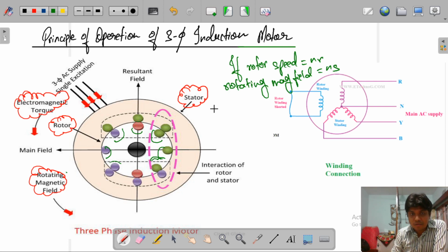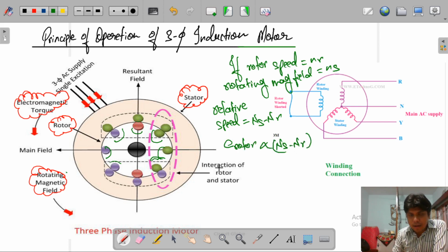So what is called relative speed? Relative speed is the difference between the synchronous speed and rotor speed. Due to the interaction of the rotor and stator, whatever EMF is induced in the rotor is directly proportional to the relative speed. The rotor EMF is proportional to Ns minus Nr.